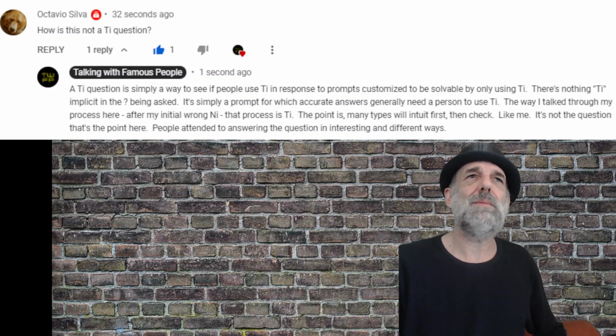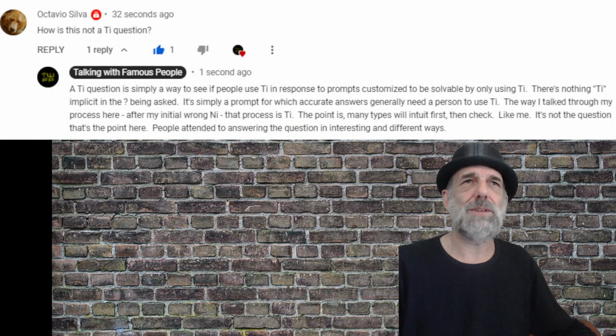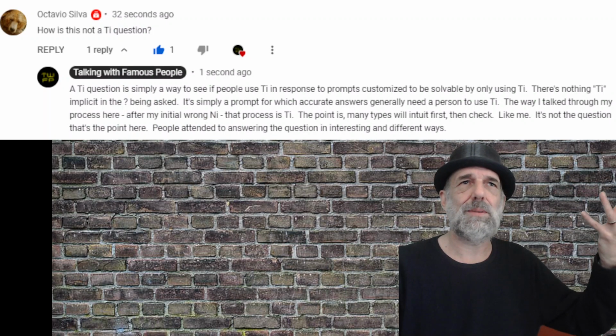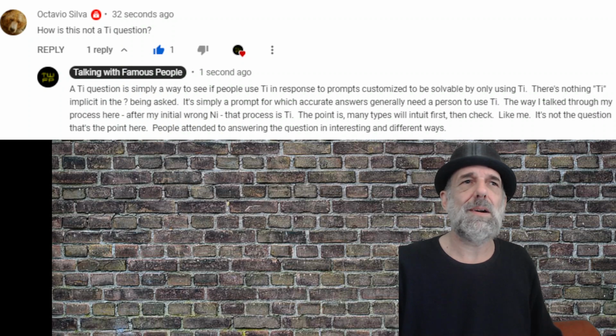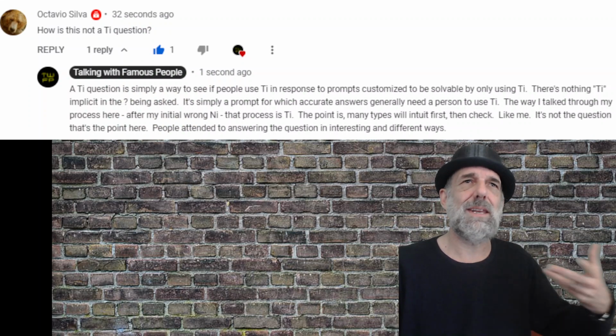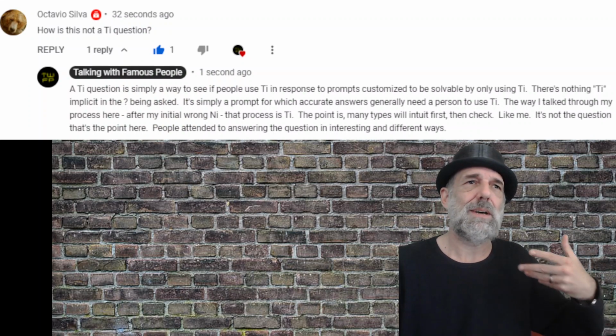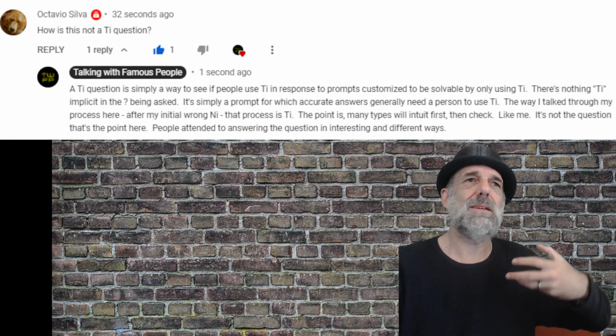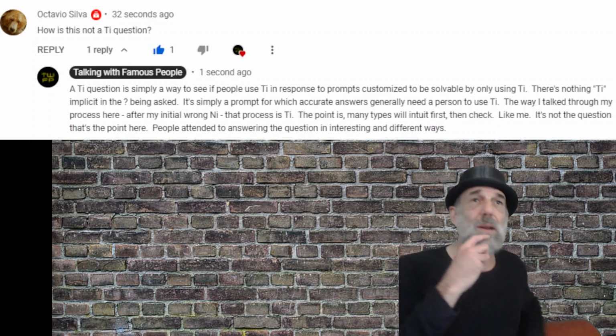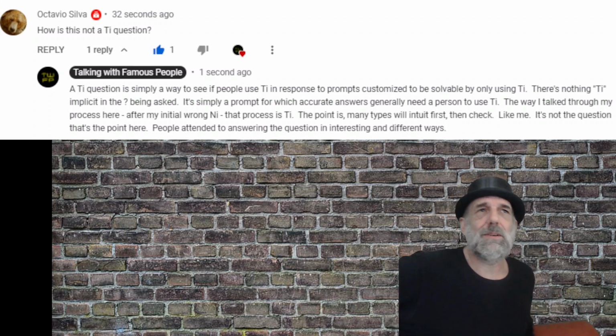The point is, many types will intuit first, then check. Like me. I intuited 130, but my TI checked because that's my operational value. But my dominant nature is intuition. Now, note, I didn't NE first. I immediately knew an answer, but also I didn't have any faith in that answer.